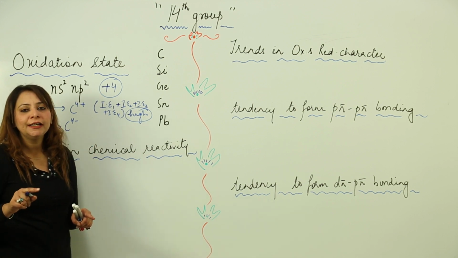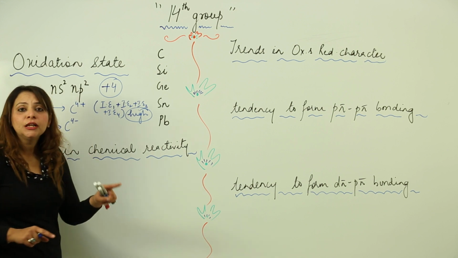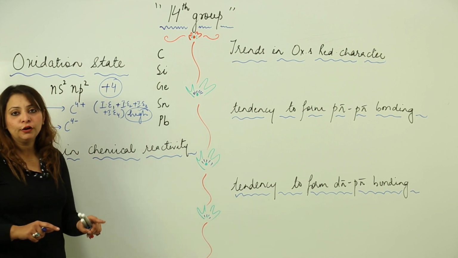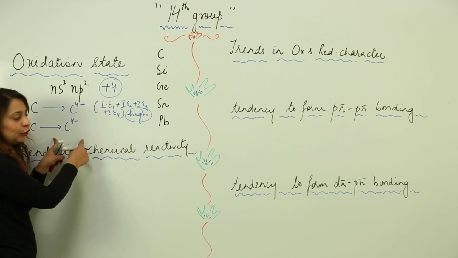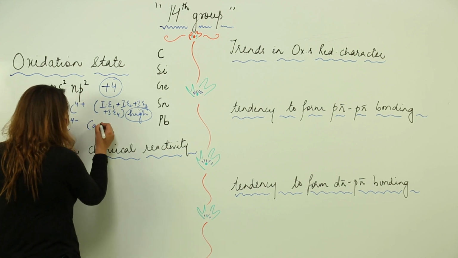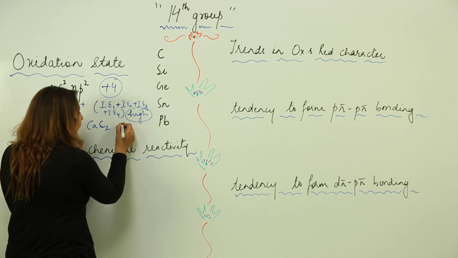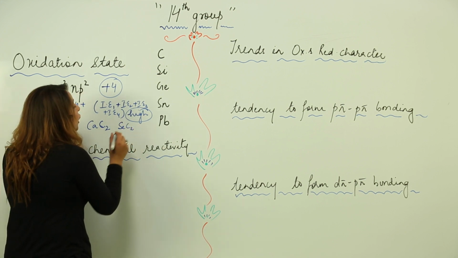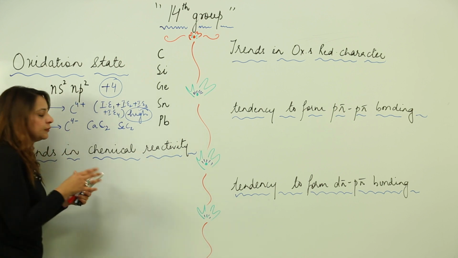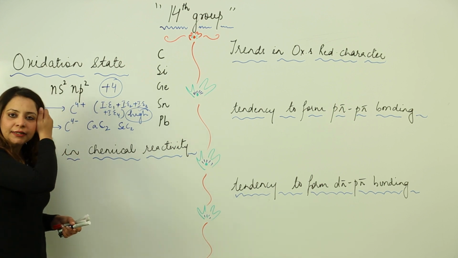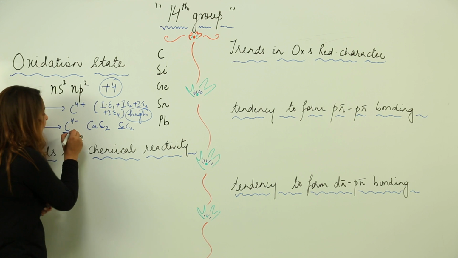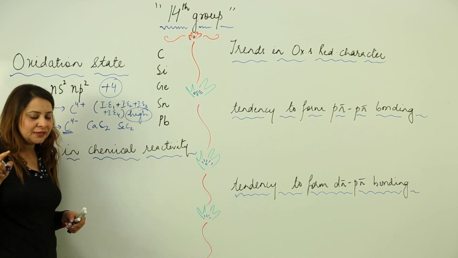It is also energetically not favorable, but still you know that carbon forms certain kinds of carbides with general formula C4 negative. Like we have calcium carbide, it exists in nature. We have silicon carbide, it exists in nature. So that means we have certain carbides which exist in nature where carbon exists in the C4 negative oxidation state.